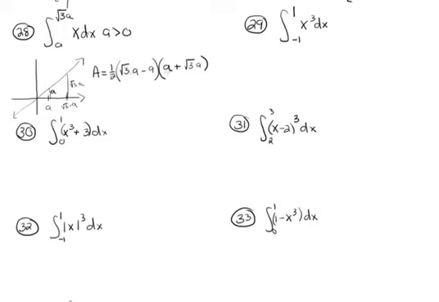So root 3A times A gives me root 3A squared. Root 3A times root 3A gives me plus root 3 times root 3 is 3, A times A is A squared. Minus A times A is minus A squared.